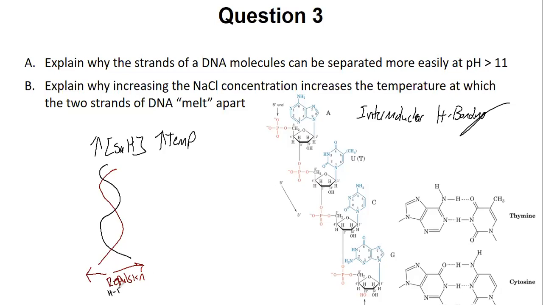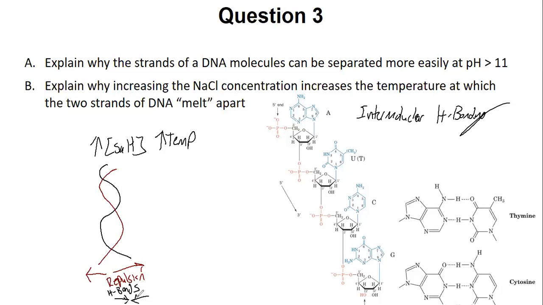Hydrogen bonds in between the bases hold them together. So when you're thinking, will my DNA be double-stranded or single-stranded, you are asking yourself, which force is more important? Which force is stronger? Hydrogen bond or repulsion?